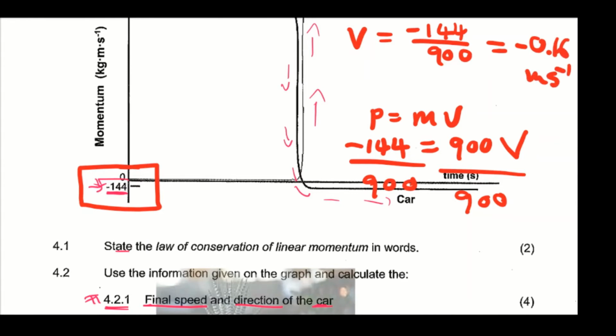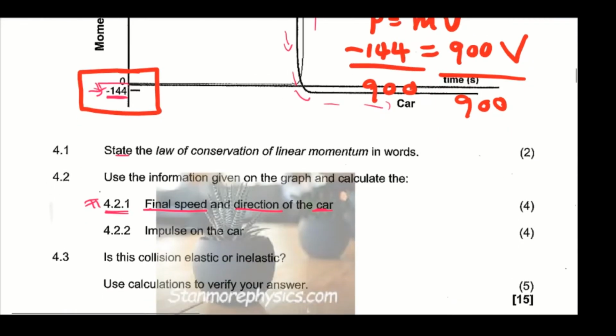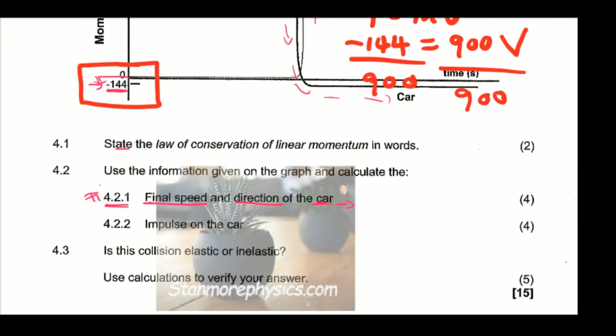So that is the velocity of the car. The final velocity of the car is v equals minus 0.16 meters per second, which you can simply write as 0.16 meters per second. The negative specifies the direction. Remember that the car was moving east, and because of that, we consider east to be positive.